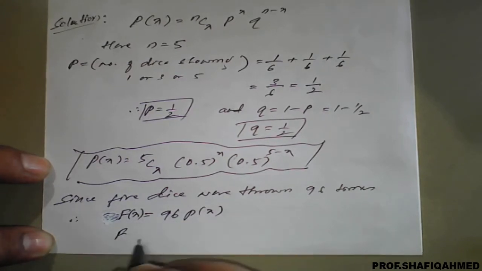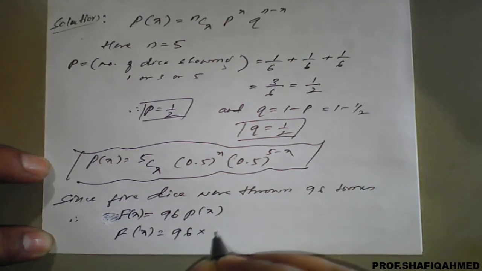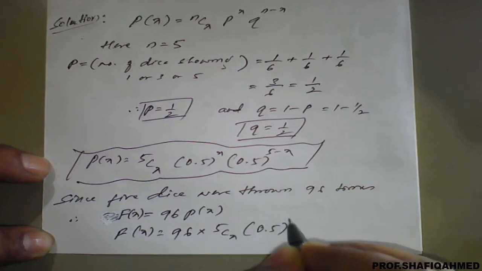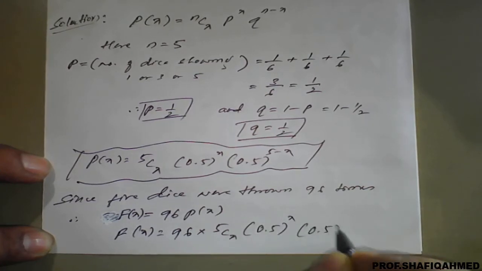That is, capital F of x is 96 into 5Cx, 0.5 raised to x, 0.5 raised to 5 minus x.